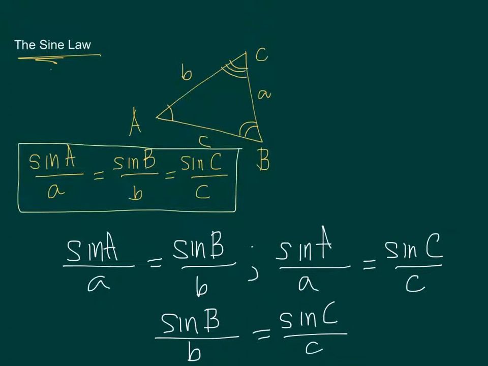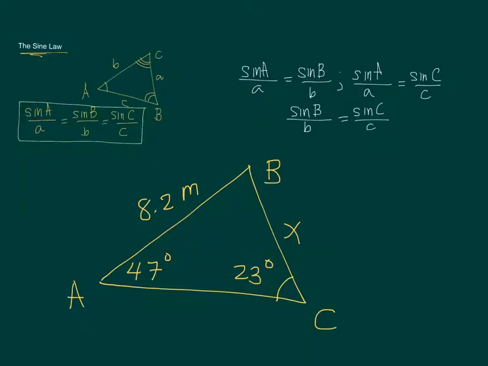You normally set these equations up whenever you're looking for a missing side or a missing angle in a triangle. In a few moments, I'll be showing an example on how to use this law. So let's take for example the triangle ABC with the following information.